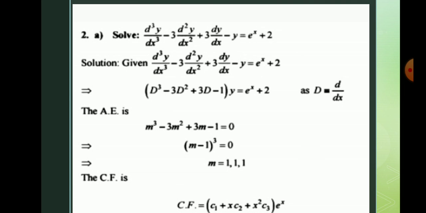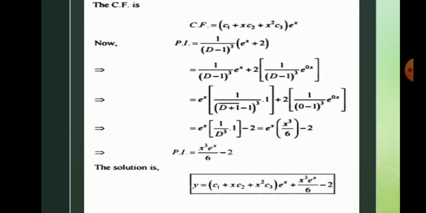Now we have to calculate PI. Here PI is equal to 1 upon (D minus 1) cube of (e to the power x plus 2). If we separate both terms, the first term is 1 upon (D minus 1) cube into e to the power x, plus 2 into 1 upon (D minus 1) cube into e to the power 0x, because we can write any constant term in the form of e to the power 0x.